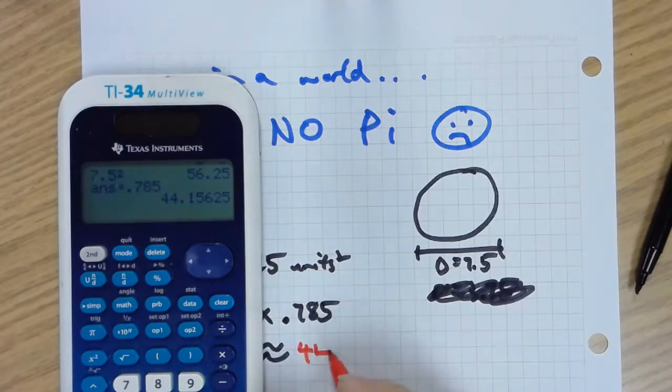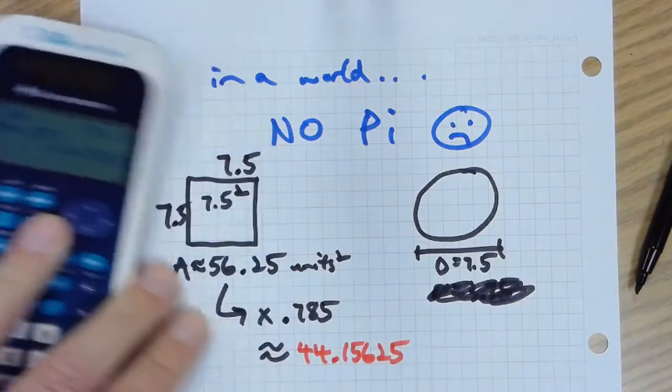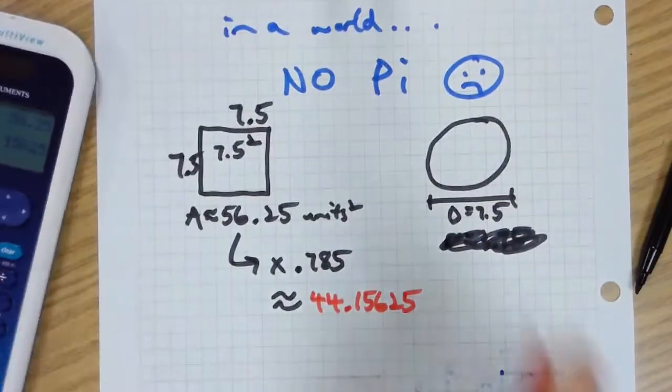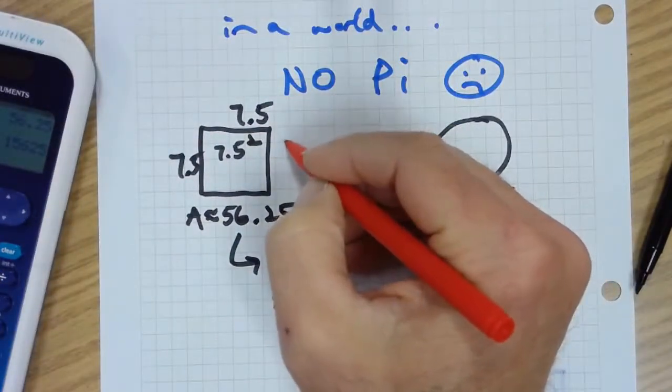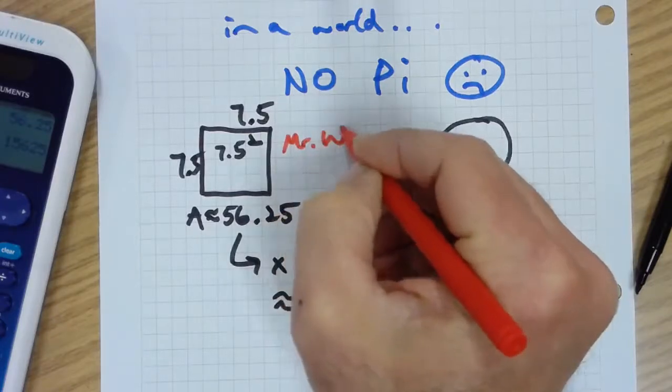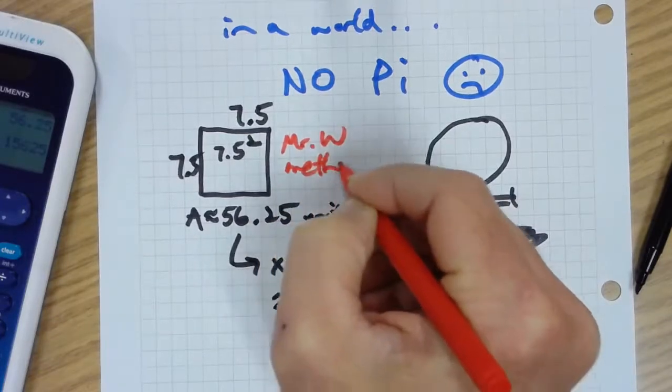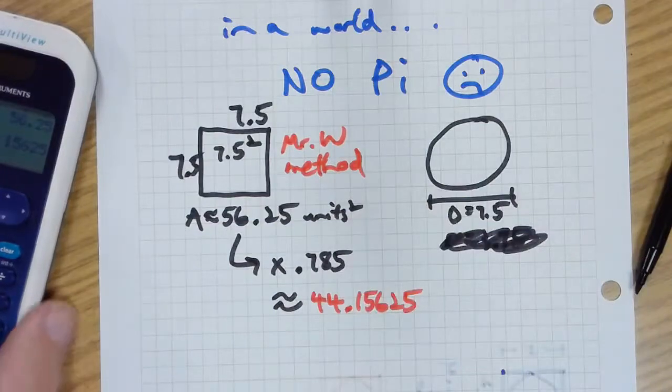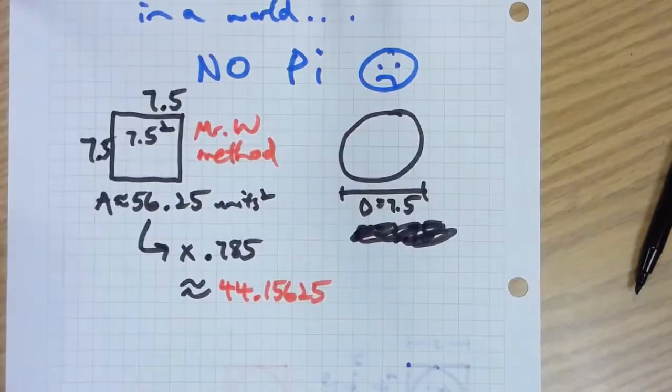About 44, like that. That's using my new method, Mr. W's method. I'm sure this is out there, but I'm pretending like I just made an amazing discovery.